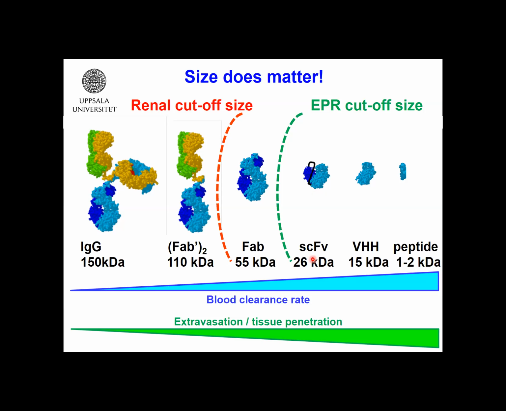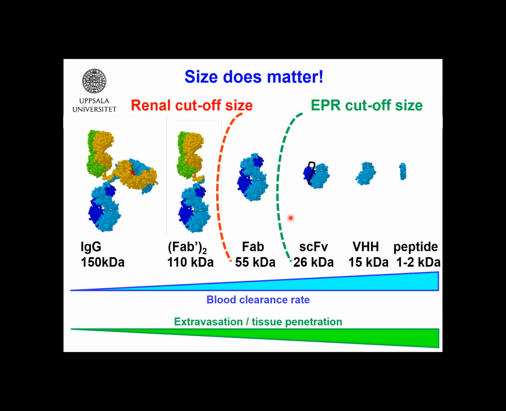They are derived mainly from camelids. So camel, and interestingly, sharks, the fish, also have a very interesting antibody which contains only heavy chain but not light chain.